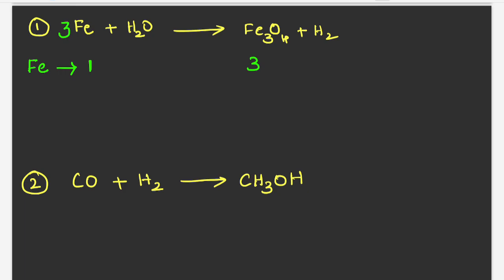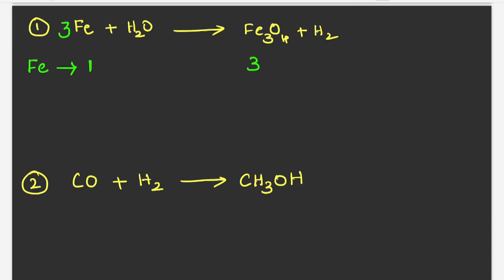After this, what do I have to balance? I have to balance oxygen. Now let us see. On this side there is only 1 oxygen, and on the other side there are 4 oxygen, O4. So 4 oxygen atoms are present.